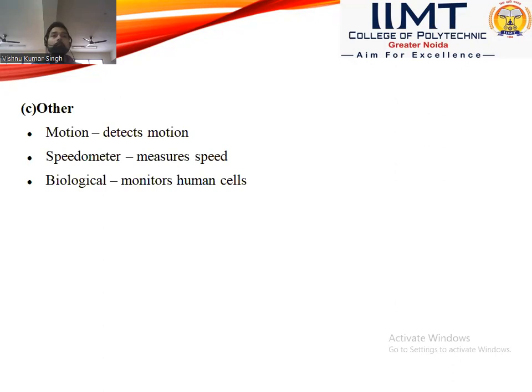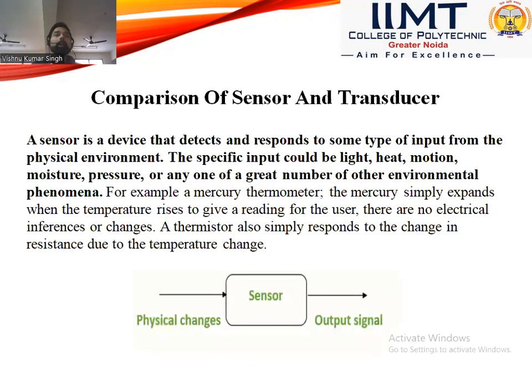Now let us see the comparison of a sensor and a transducer. A sensor is a device that detects and responds to some type of input from the physical environment. The specific input could be light, heat, motion, moisture, pressure, or any one of a great number of other environmental phenomena.